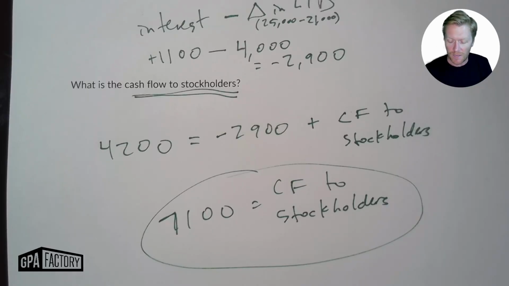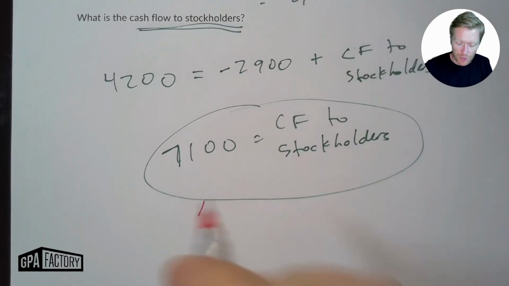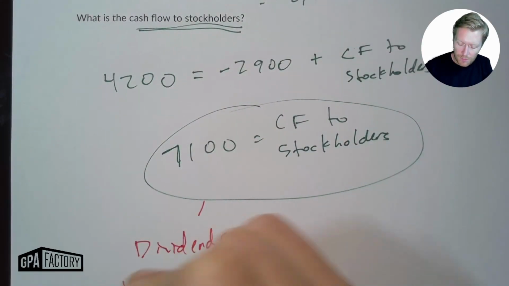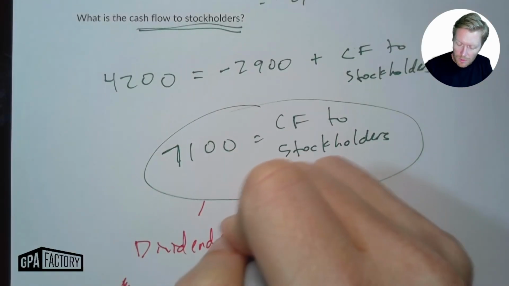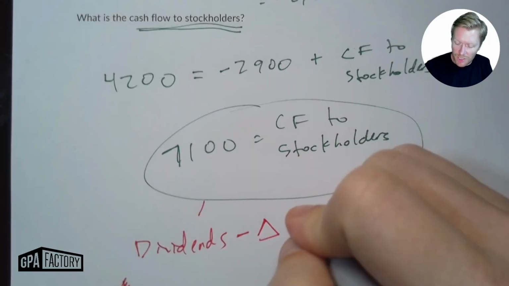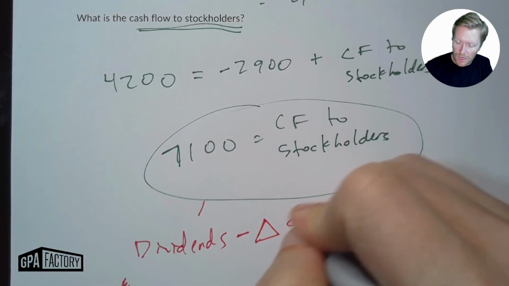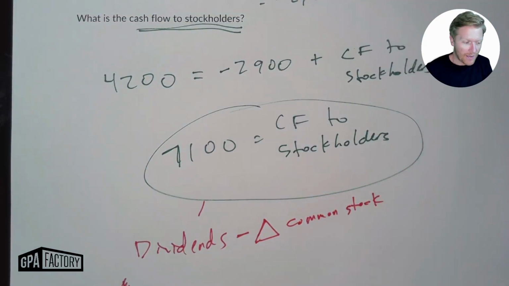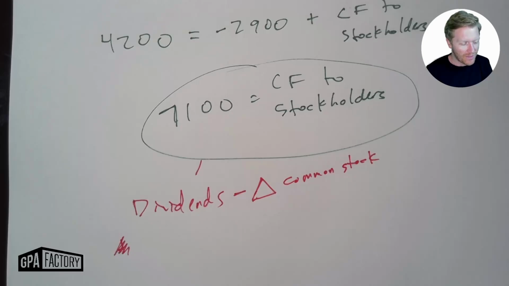But really it's just going to be, this should be equal to dividends minus change in common stock. Okay, I said that a little bit differently, and this will be the last thing that I say in this video, and I will send you on your way to the next video so we can keep this moving.